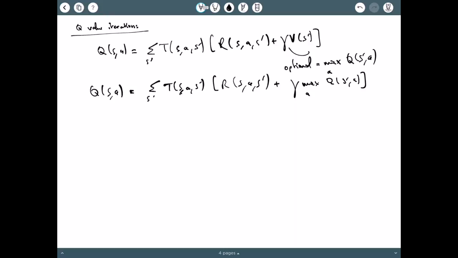Now if we start to think about the Q value the same way we did for the value function previously and try to estimate it empirically, what we can do is what's called Q-learning.